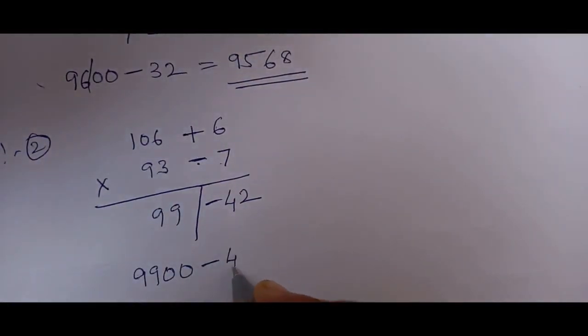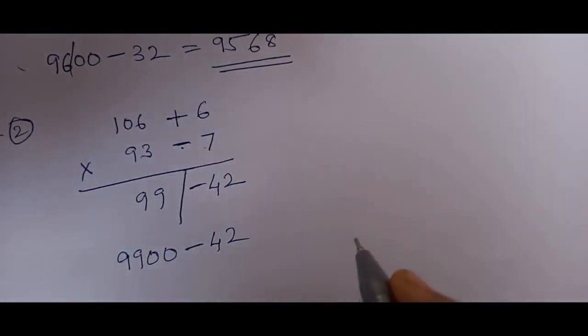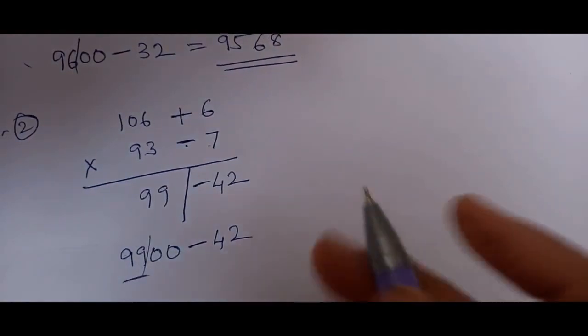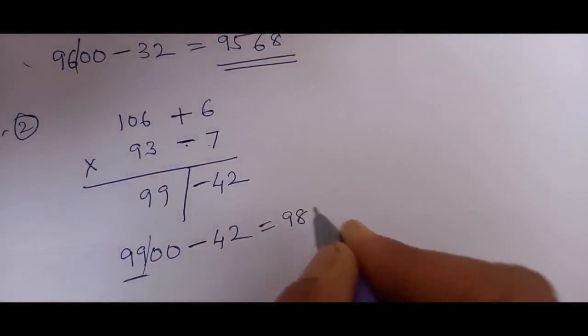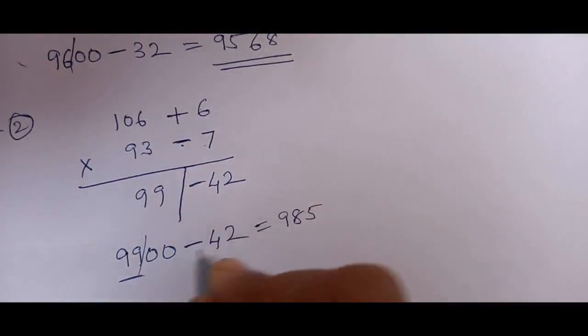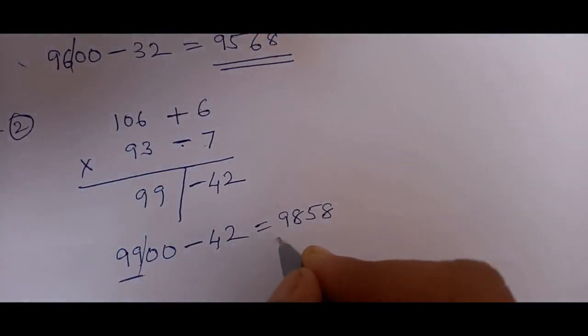Then subtract 42 from this number. Again we can use all from 9, last from 10. So this part will become 98. We need to reduce 1, no. Next 9 minus 4 is 5, 10 minus 2 is 8. So the answer is 9858.